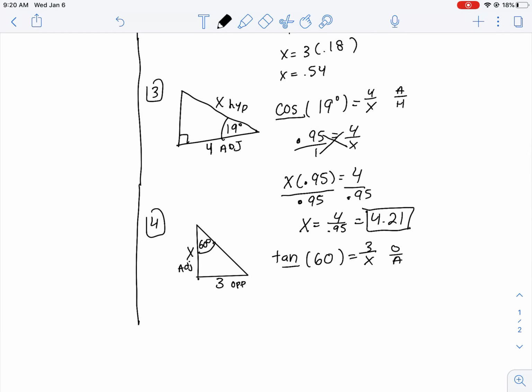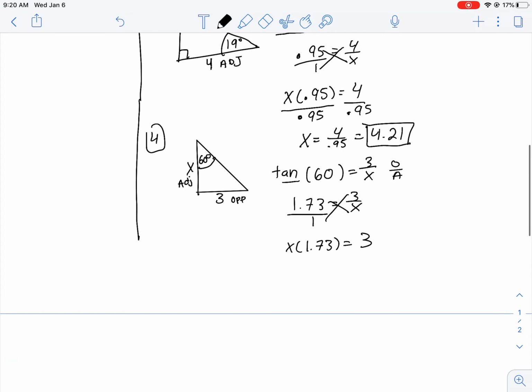So the tangent of 60 is 1.73, which equals 3 over x. So I put the 1 down because I can think of this as two fractions, which means you can cross multiply. So x times 1.73 equals 3 times 1, which is just 3.